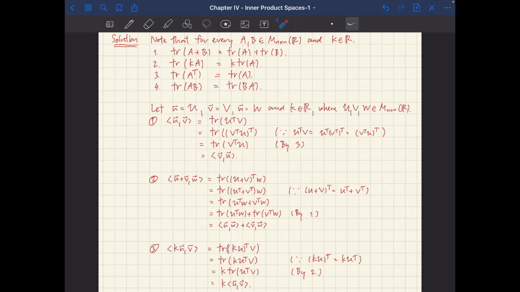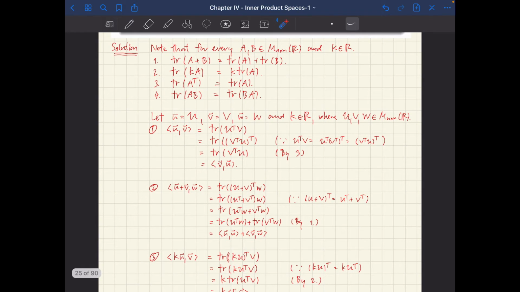Next we can conclude that the trace of the transpose of v transpose u is equal to the trace of v transpose u because of number 3. And this is the definition of the inner product of v and u.